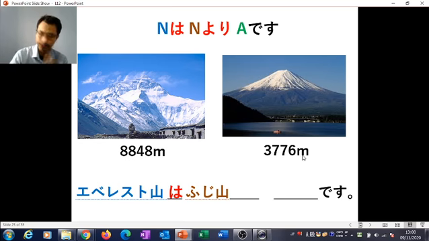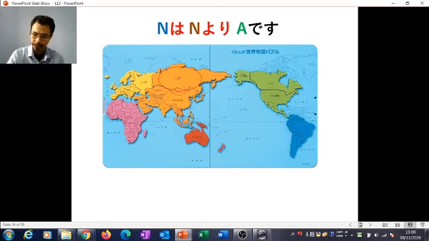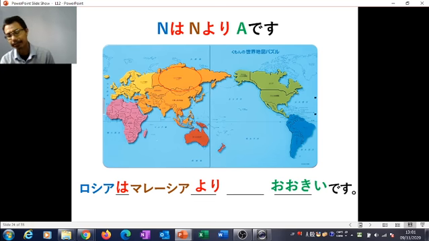So now the benchmark is Fujisan. The one you are going to compare is Everest, so you put Everest first. Everest さんは富士山より高いです。Alright. Another example, if you want to make a comparison between Russia and Malaysia, and you want to make Malaysia the benchmark here, Russia wa Malaysia yori ookii desu. This is what we learned in the slide before already.